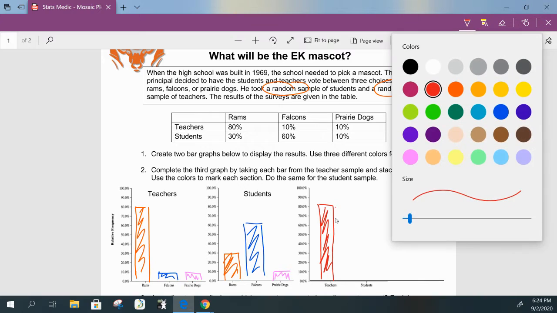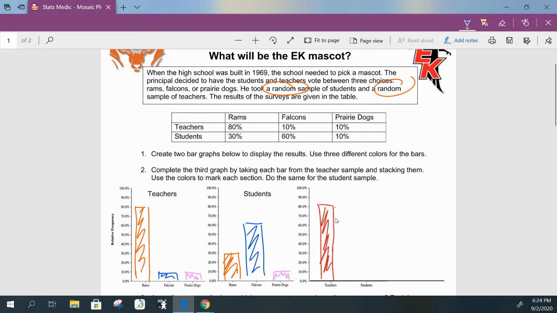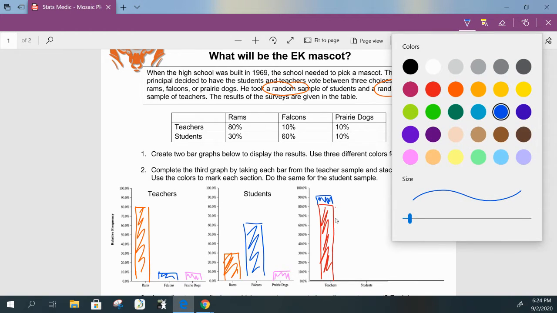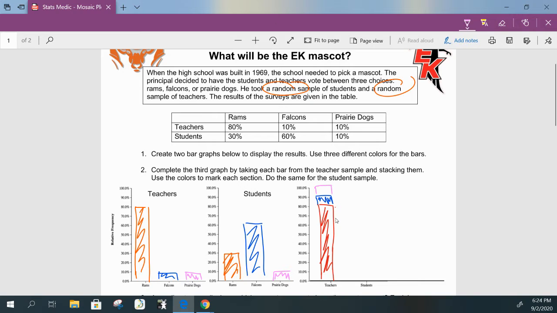And then we're going to add blue. We have a little 10% for blue, so that takes us up to 90. And we're going to go to pink, and we have 10% for Prairie Dogs. So that is our teachers.